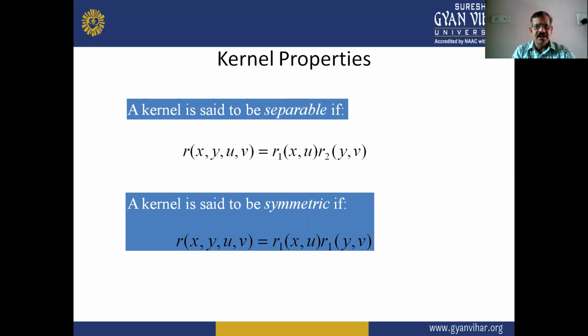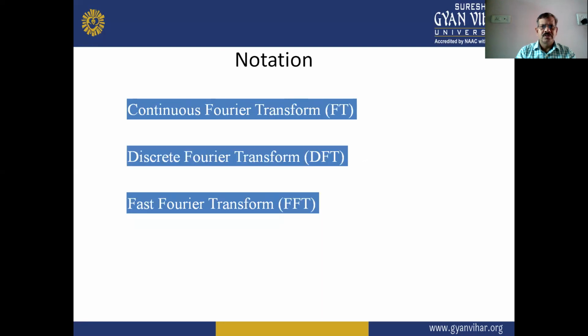Second, a kernel is said to be symmetric if the function r(x,y,u,v) equals r1(x,u) into r1(y,v). So a kernel is said to be symmetric if this condition is satisfied. These are the two kernel properties.